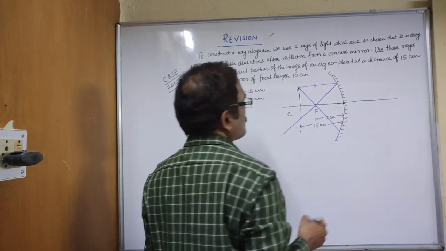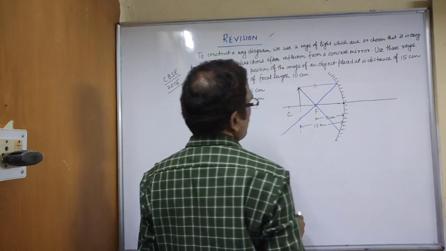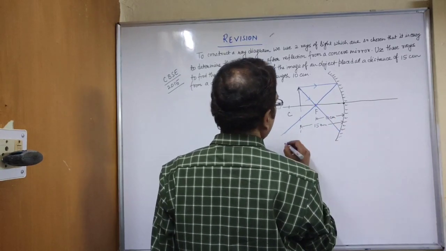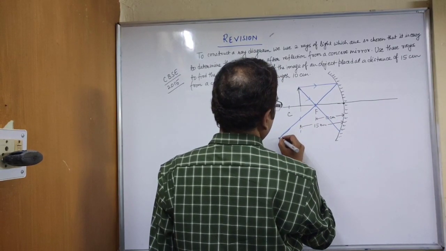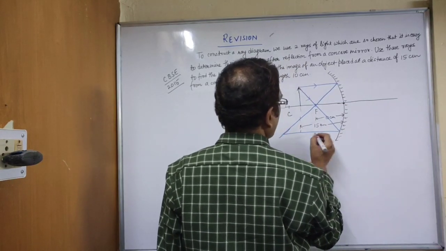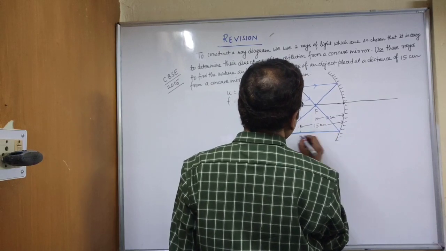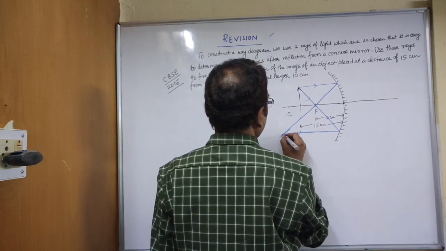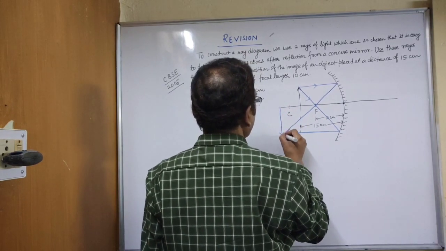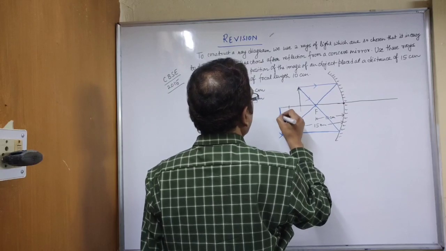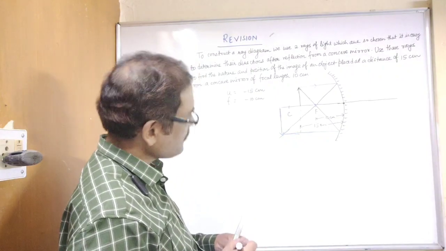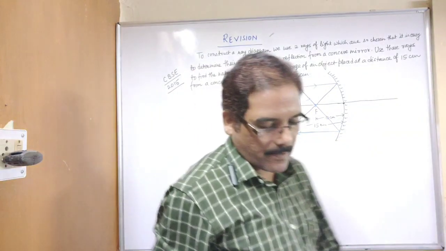You can also take it through the center, but for simplicity we are taking it through the principal focus. After reflection, it becomes parallel to the principal axis, and they meet at this point. So you will get a real inverted image of the object.